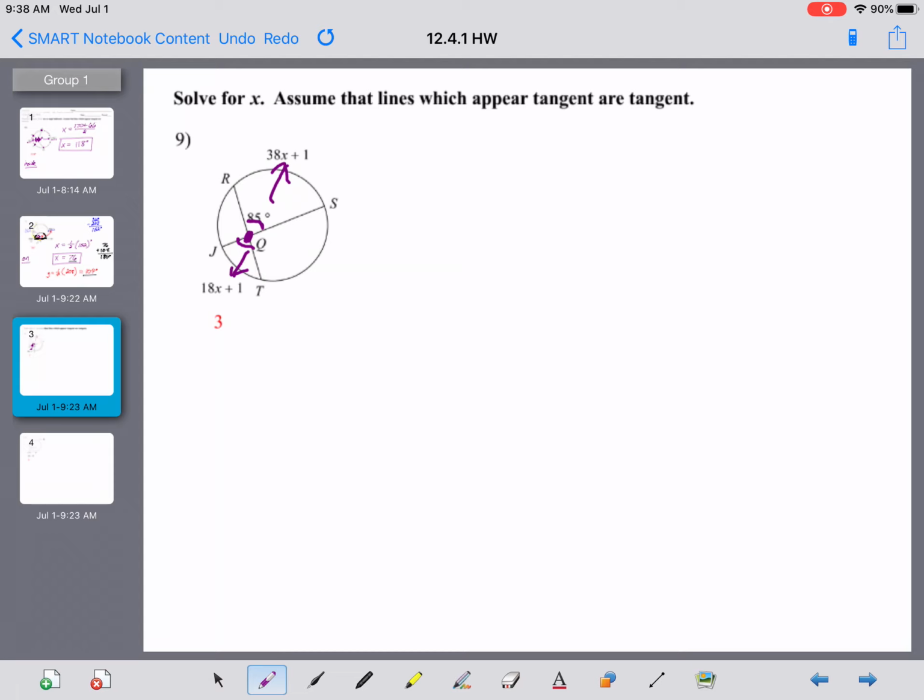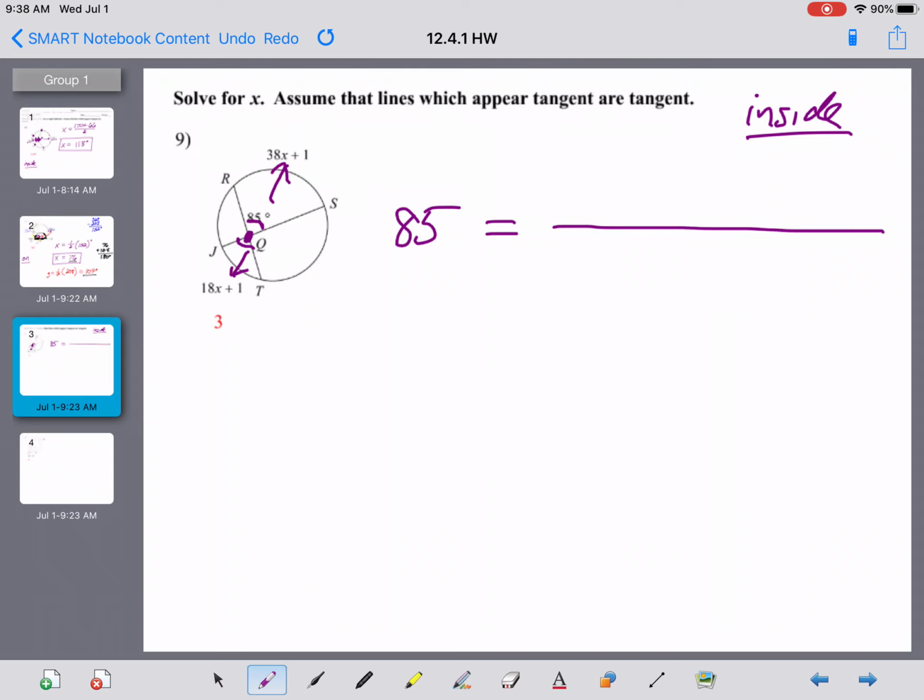So we're going to translate the theorem the same way that we did before. When you have two secants intersecting inside a circle, here's the idea at work. The measure of the angle formed is equal to the average of the two arcs that it cuts off. Let's translate. The measure of the angle formed, the angle is 85 degrees, is equal to the average of the two arcs.